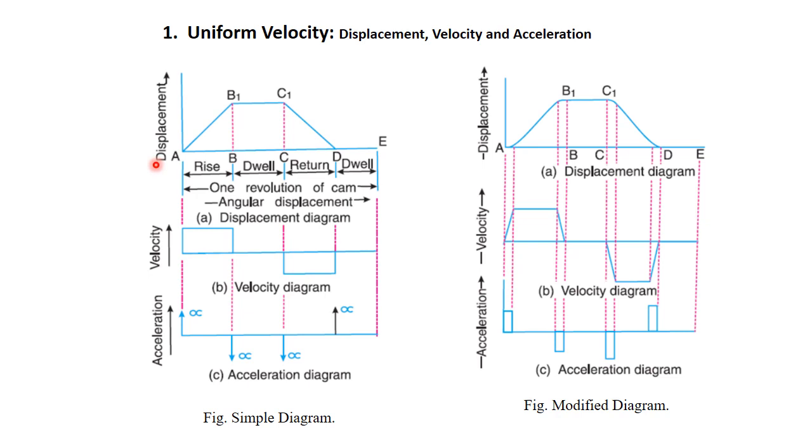Now if we see the displacement, when I say uniform velocity, it means the rate of change of displacement should be constant. So constantly the displacement will go on rising and it will attain the stroke length during the rise period or during the outstroke.